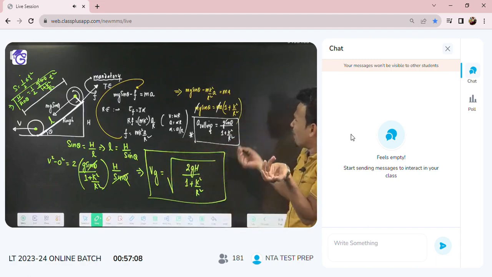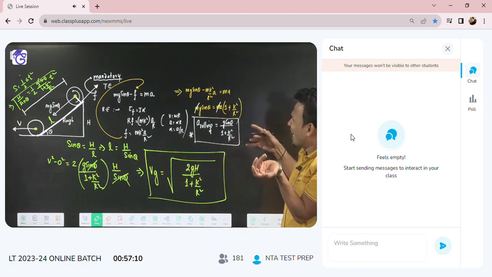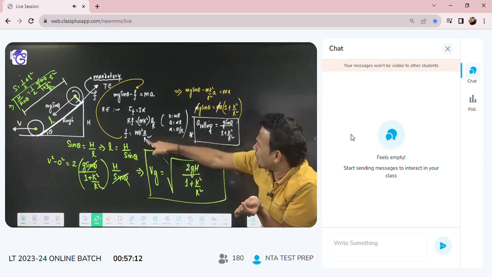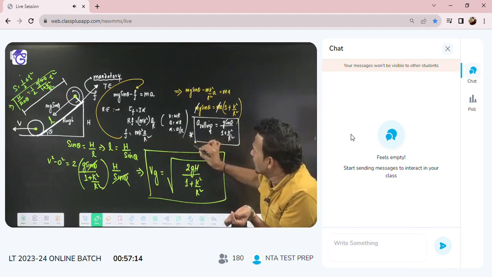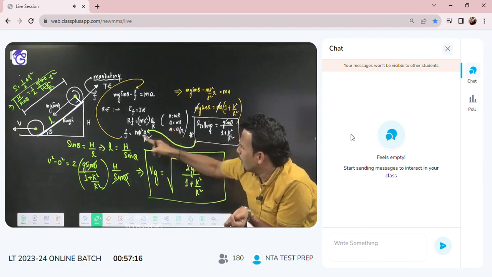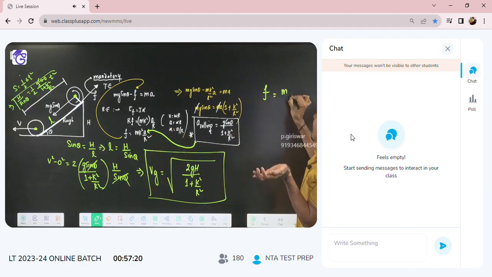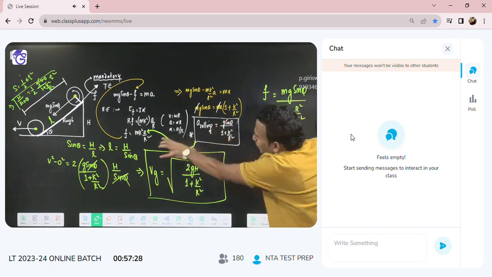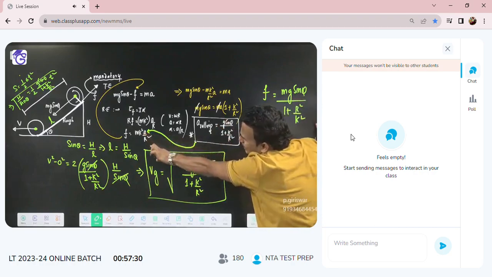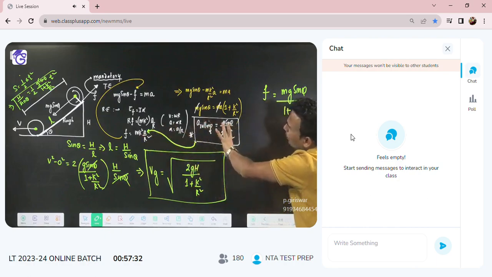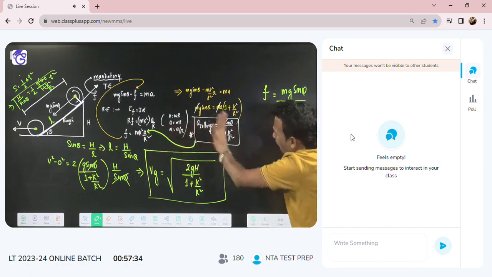If anyone asks you to find friction, if you put the value of acceleration, you will get friction also. That friction will come as mg sine theta by 1 plus r square by k square. The reverse will come, because here k square by r square is in the numerator. Later on you can put it and get it, no problem.